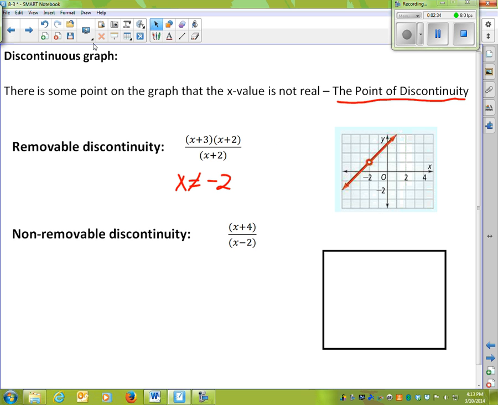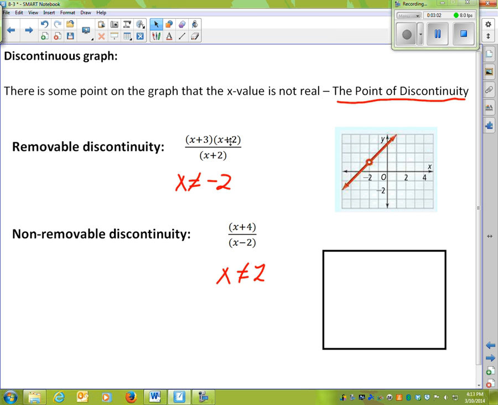Here is a picture of the graph. And I can see here at negative 2, there's a point that I have removed from the graph. Thus, it's a removable discontinuity. It's an open circle indicating x cannot equal that value. A non-removable discontinuity: in this problem, I can see that x cannot equal 2.